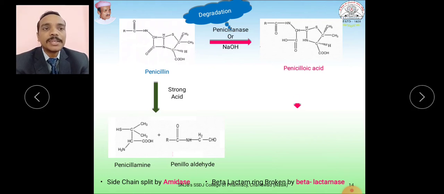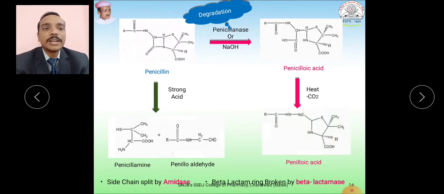This penicillic acid, on further heat and decarboxylation, gives a penilloic acid. This, on reduction again, gives the 2 molecules penicillamine and phenylaldehyde, which we obtain on hydrolysis of penicillin in the presence of strong acid. So this is the degradation of penicillin.